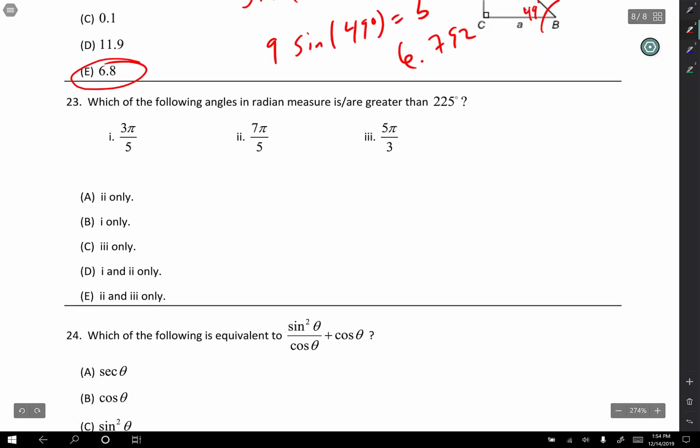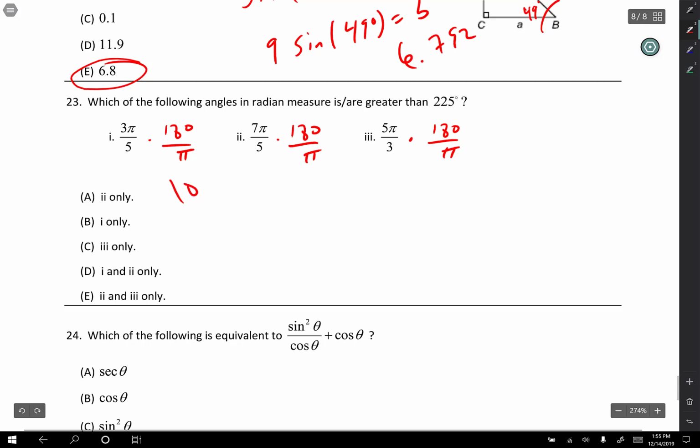Which of the following angles has a radian measure greater than 225 degrees? If you want, just multiply all of these by 180 over pi. When you do that, you'll get degrees. So let's see, 3 times 180 divided by 5.